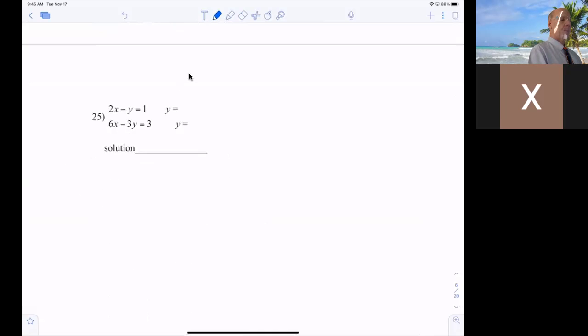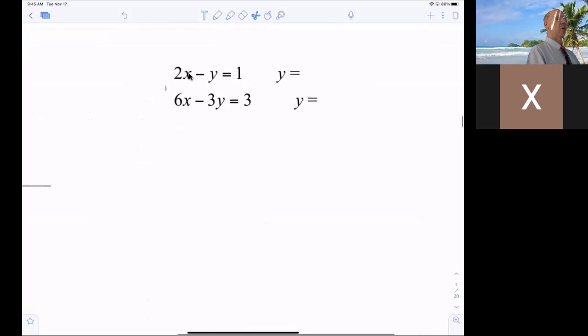All right. So this one's important. I'm going to grab it, move it over a little bit. Now this is what we did on Friday. Sean, what do I have to do? You divide it so you make 2x become x and 6x become 3x, right? So what am I doing to this equation?